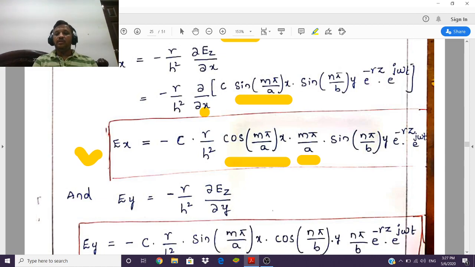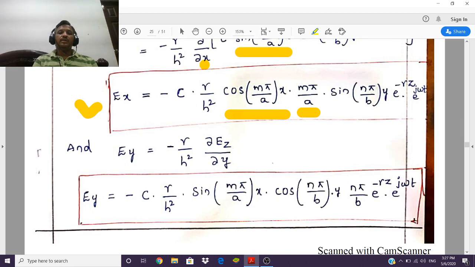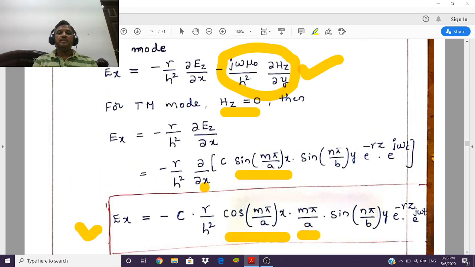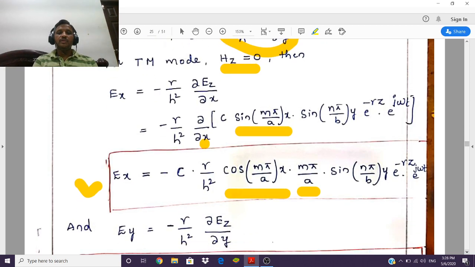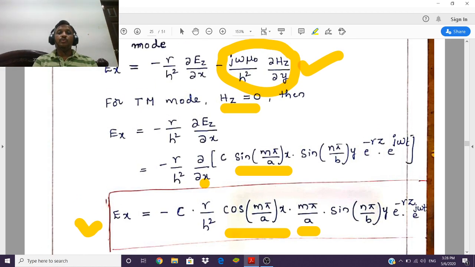And similarly, the Ey expression will become minus gamma by h square ∂Ez by ∂y. Here, I have not written the H component, and exactly this will become minus gamma by h square ∂Ez by ∂y plus jωμ0 by h square into ∂Hz by ∂x.